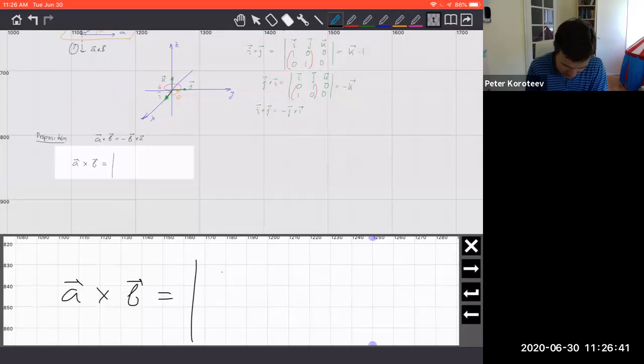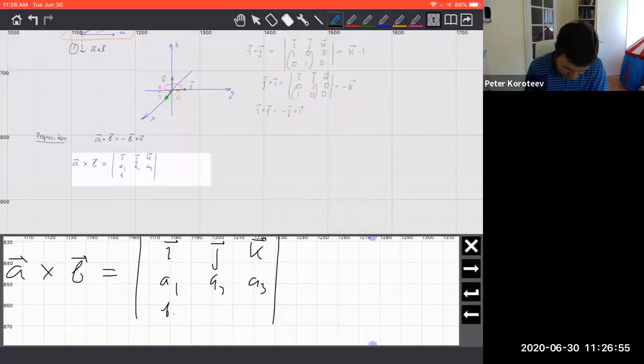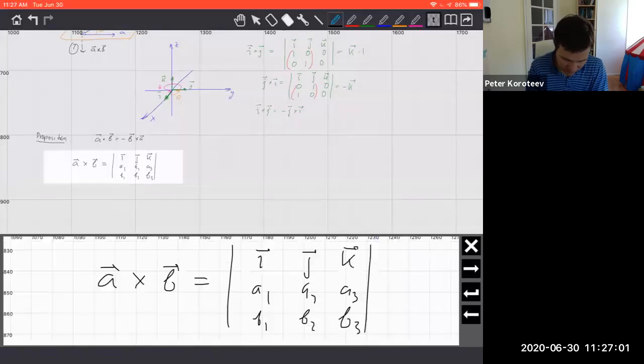A cross B has i, j, k, so it's a really handy formula here. It's A1, A2, A3, B1, B2, B3. What happens if you swap the order here?